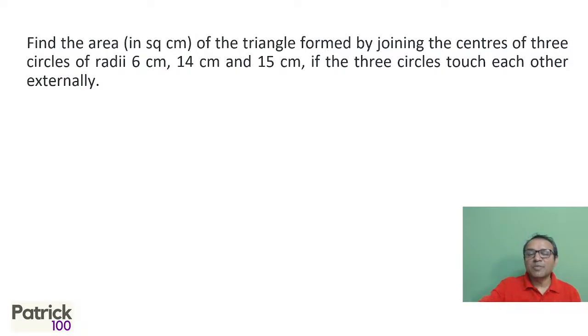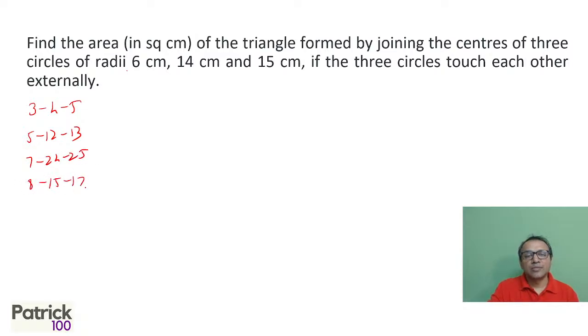Looks tough, but let me just put this that you need to know triplets. Some of the triplets are 3, 4, 5; 5, 12, 13; 7, 24, 25; 8, 15, 17. There is also something called 20, 21, 29.